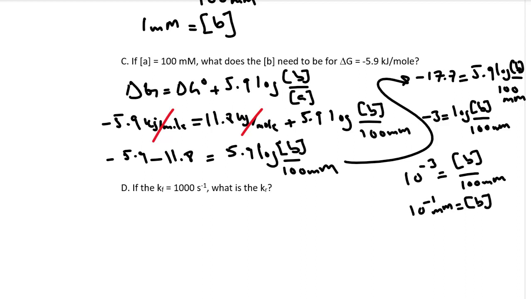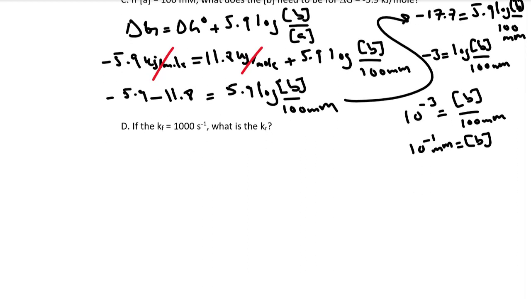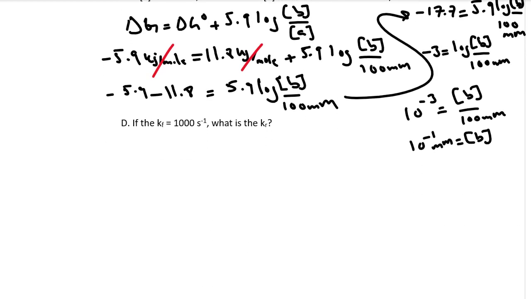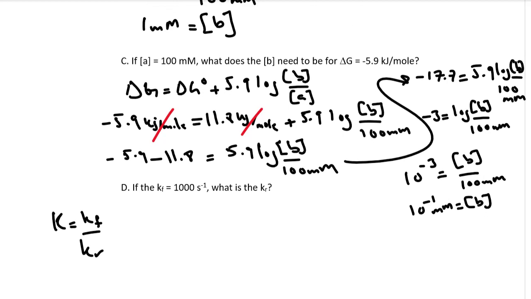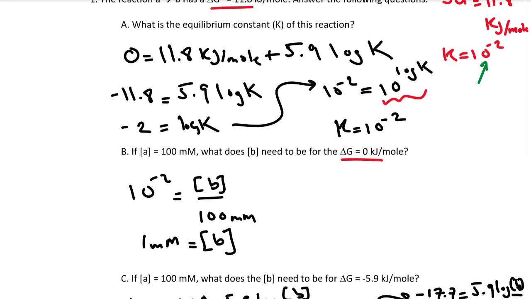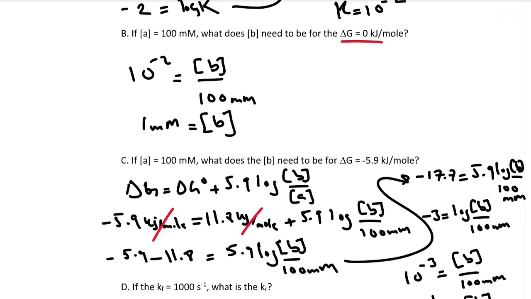Okay? So the next thing is, if Kf equals 1000 per second, what is Kr? So we're just going to go back to that relationship of K equals Kf over Kr, right? So now we know our K was, when we calculated this, let's just go back because I already forgot, 10 to the minus 2.